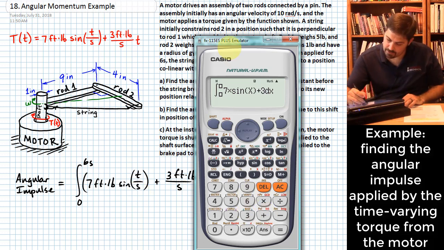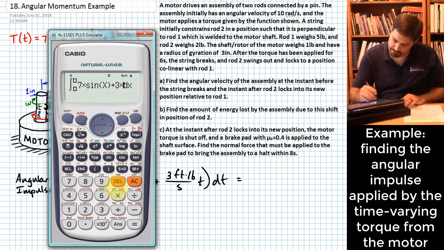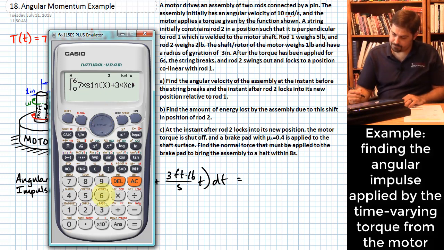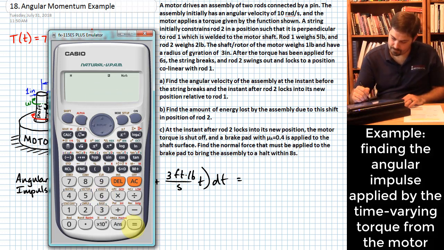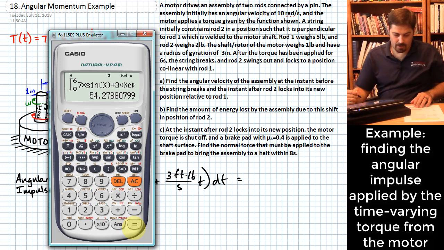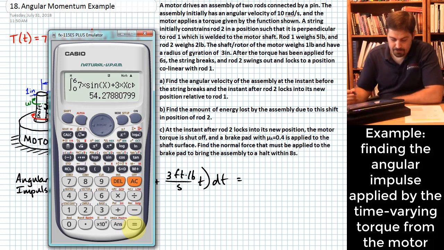Plus 3 times x, and this goes from 0 to 6. And what that gives me here is 54.279.